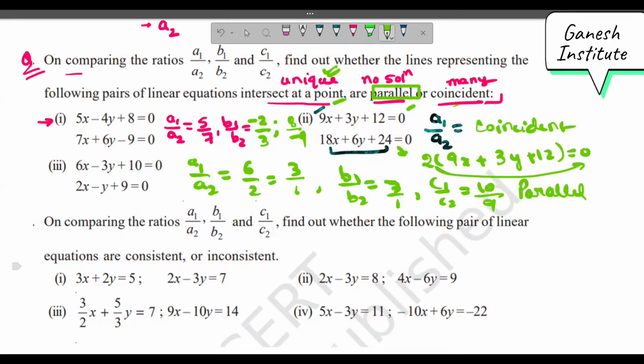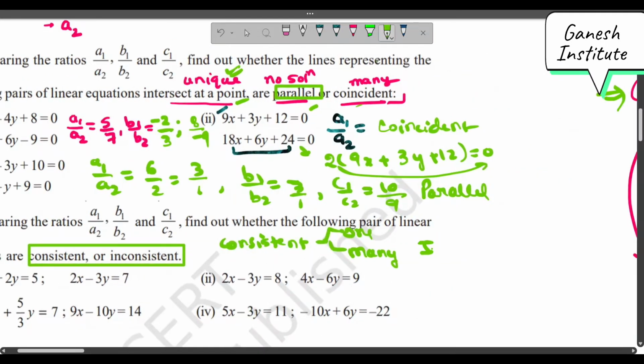Now this can be rephrased into another thing which is called consistent or inconsistent. Consistent is the case when you have solutions, be it one solution or many solutions. And inconsistent means there's no solution.